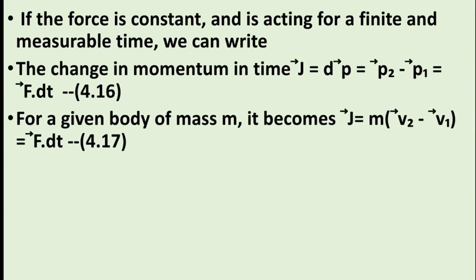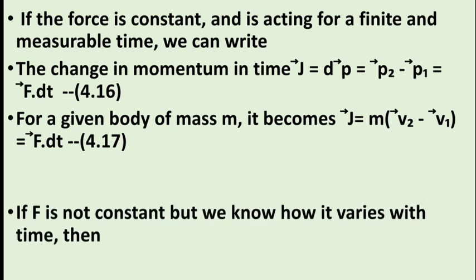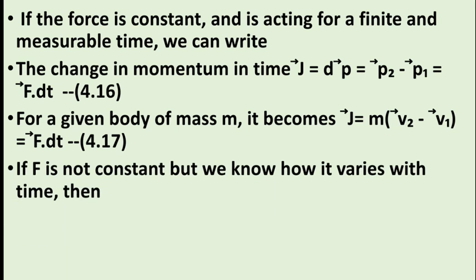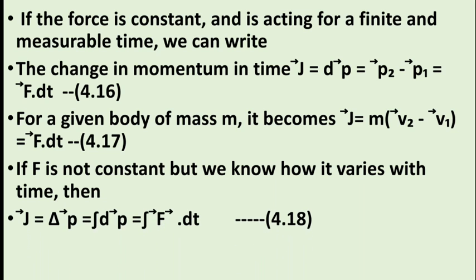For a given body of mass m, it becomes vector J is equal to m (vector v2 minus vector v1), which is equal to vector F dot dt as equation 4.17. If F is not constant but we know how it varies with time, then vector J is equal to delta vector p, integration of vector dp, is equal to integration of vector F dt as equation 4.18.